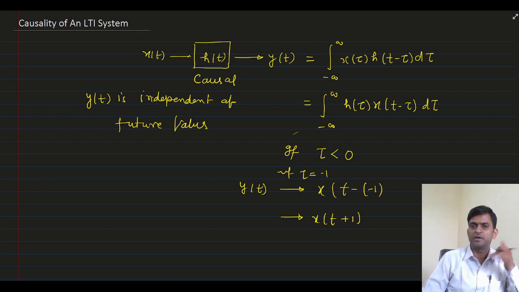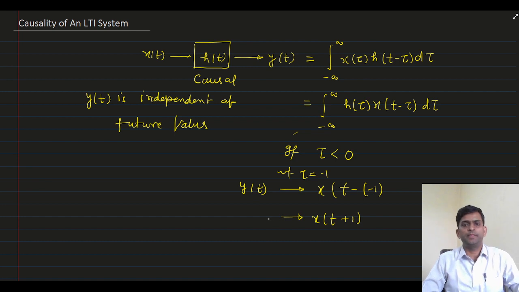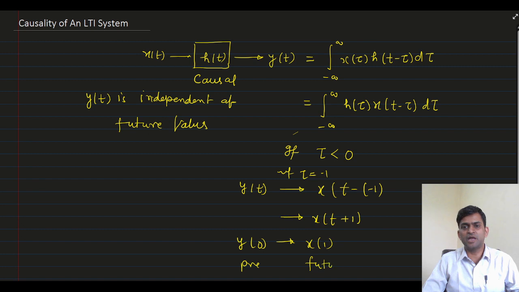Even if tau is equal to 0, at that time y of 0 will be dependent on x of 1, I said. That is also a future value. So the present value is dependent on the future value, and that will become a non-causal system.